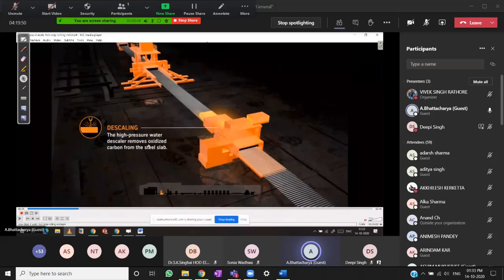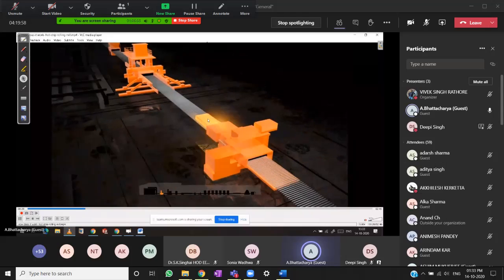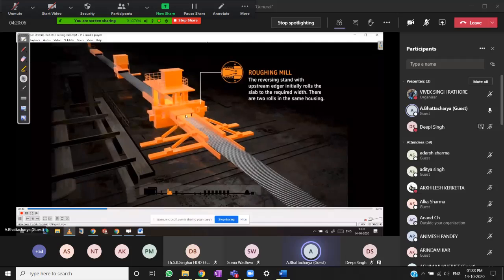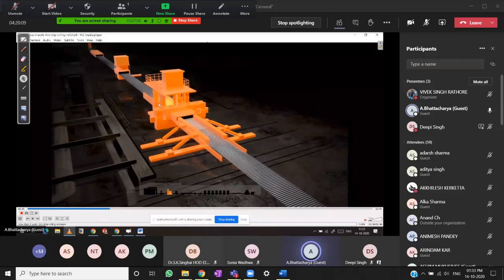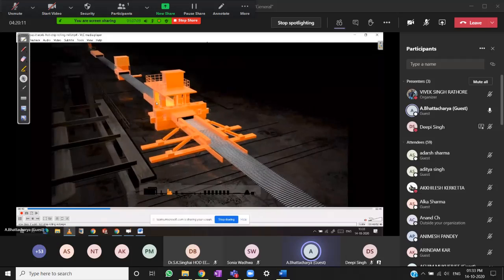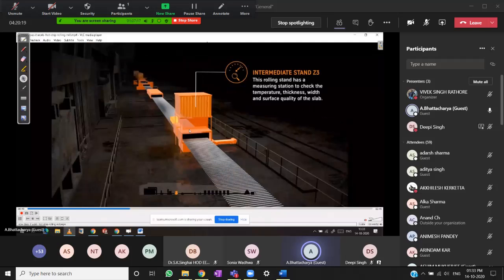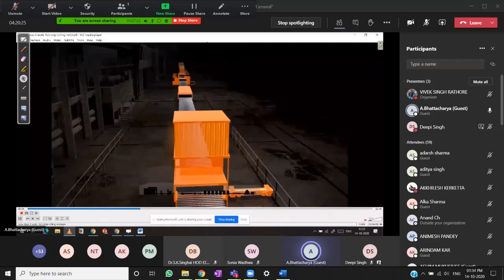So here the surface is clean, and then it goes to the roughing mill. This is slightly reduced. The length is increased. So 2-3 passes, length increases, and then it stands again. And this is the cooling.